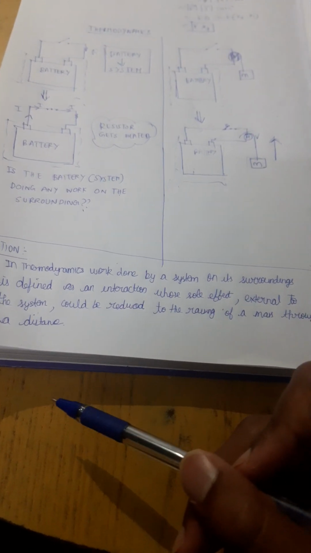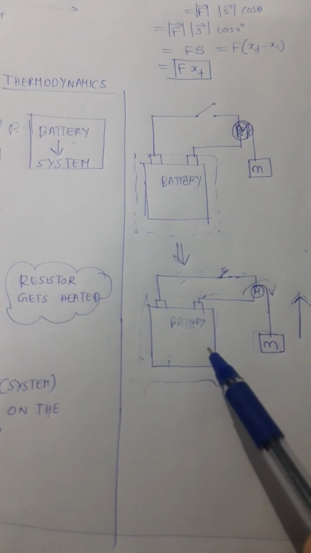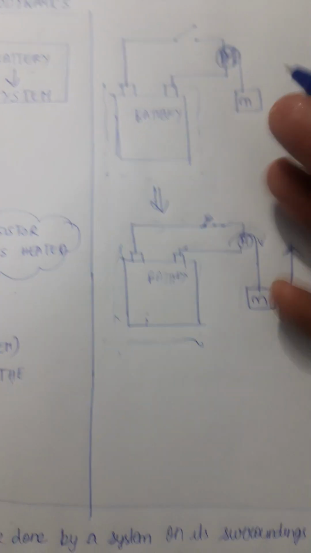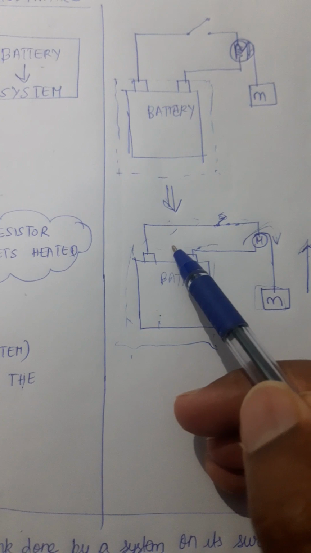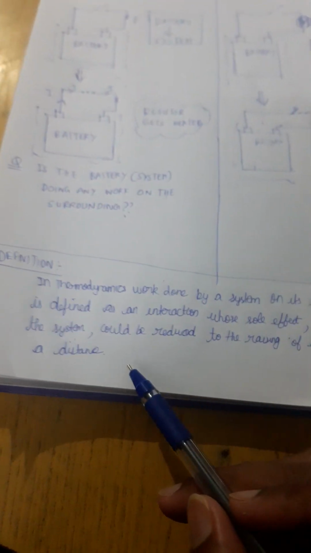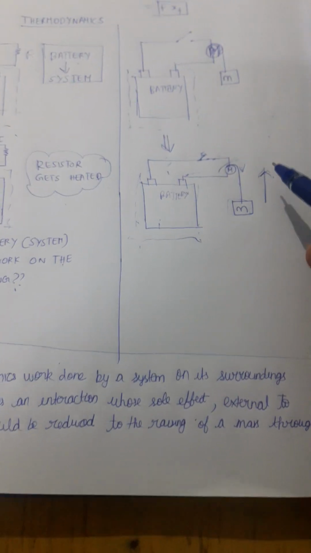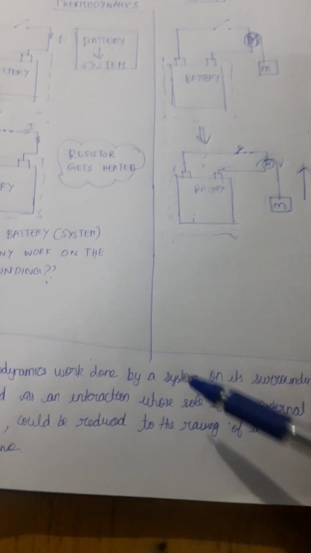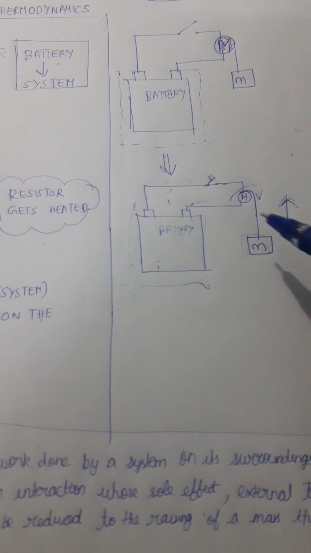In thermodynamics, we have to find out whether this battery has performed any external work on the surroundings. We can reduce what is external to the system, this block of mass m, to the raising of a mass through a distance, as this block of mass m is getting displaced.